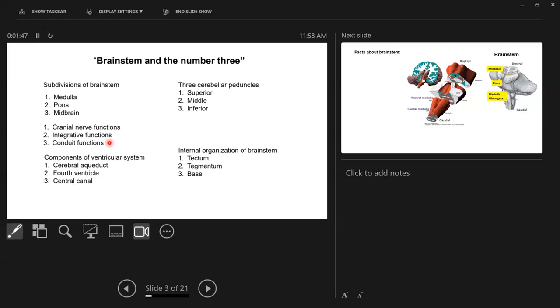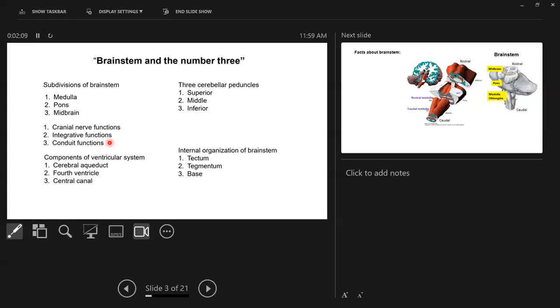We also need to understand that these functions overlap. Cranial nerve functions and cranial nerve nuclei are organized at various levels of the brainstem, and they have sensory as well as motor functions.